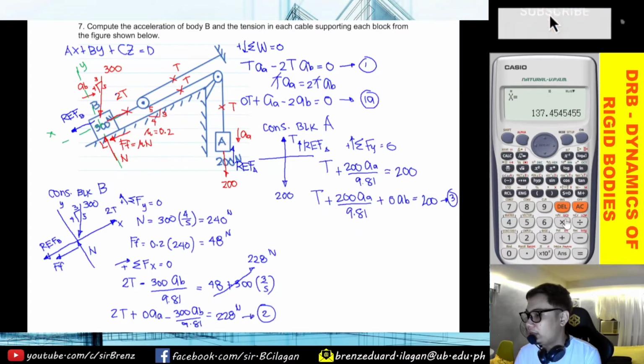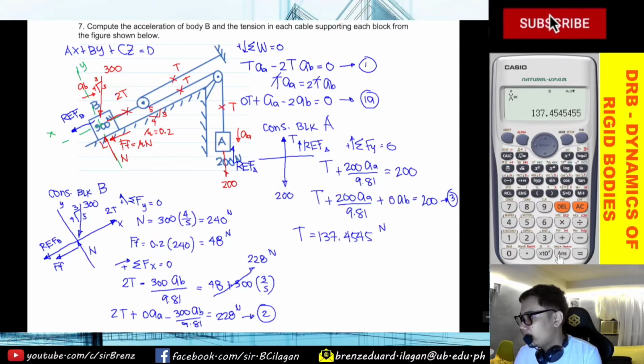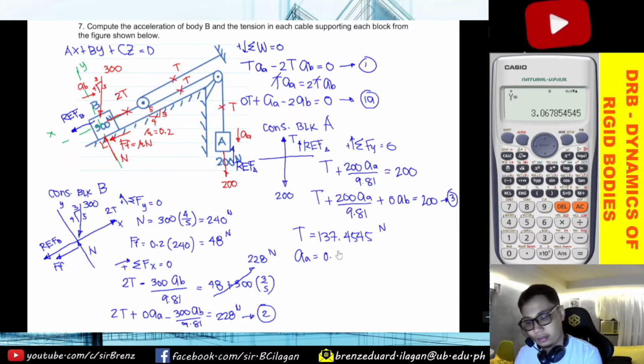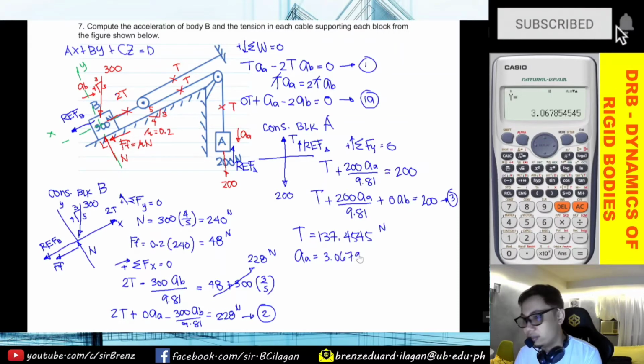Okay, so what will be the tension? So yung T natin is equals lang sa 137.45 Newton. And then the acceleration for block A, so that is 3.0679 meter per second squared.